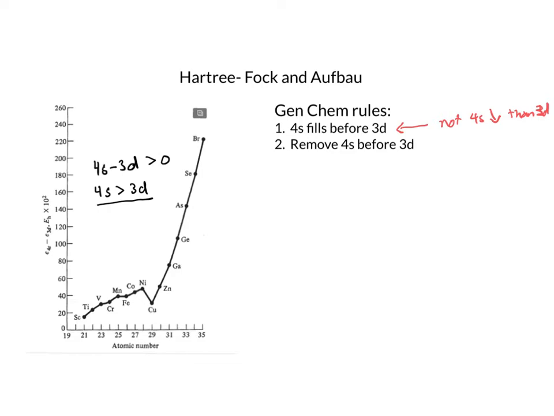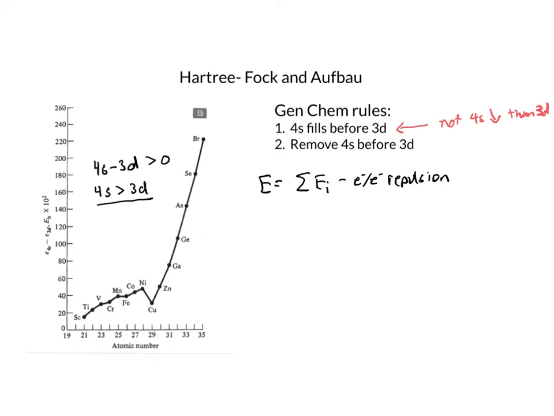So let's think about why this might be the case. So remember that if we sum up all the orbital energies, the total energy is the sum of the orbital energies minus that electron-electron repulsion. And so it turns out that obviously if we add in the higher 4s rather than the 3d, we're going to get a larger energy.